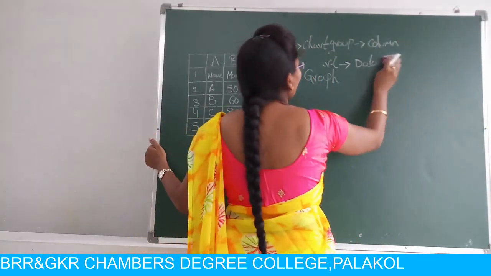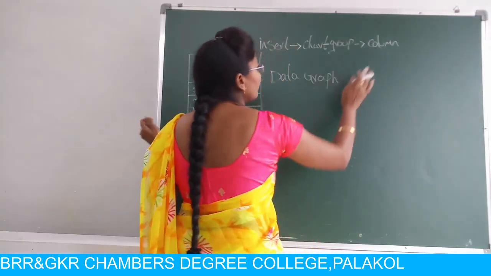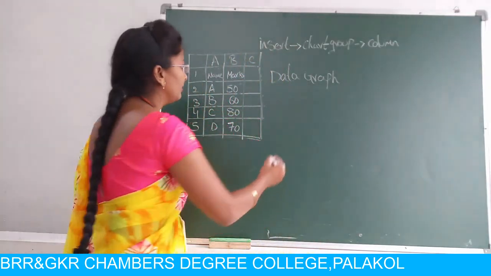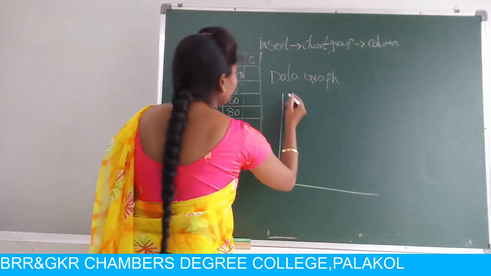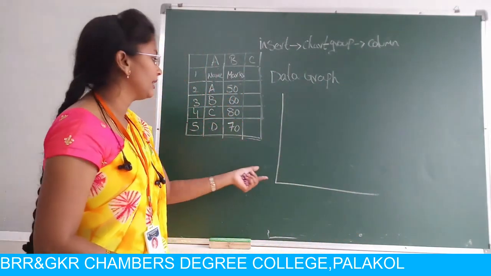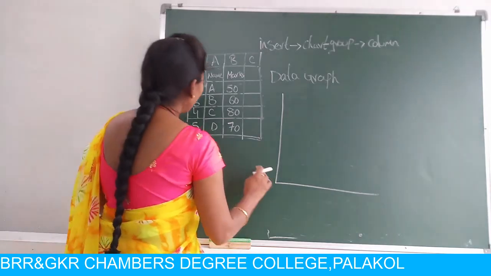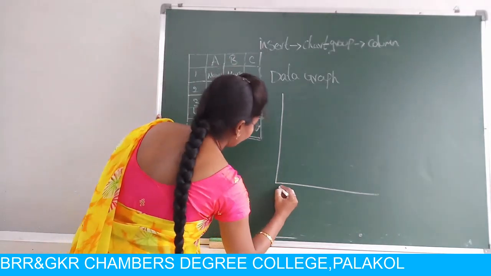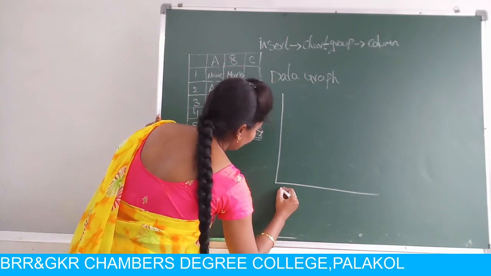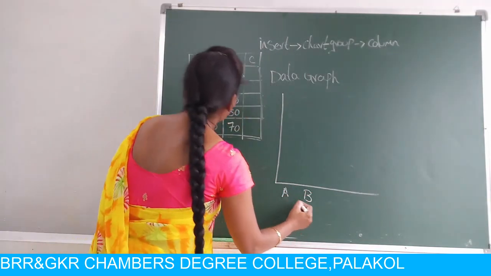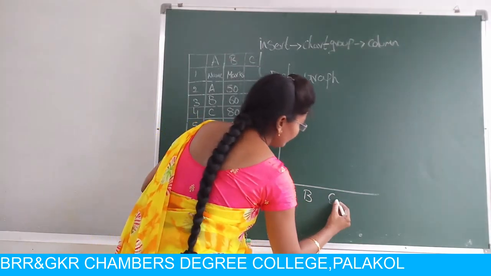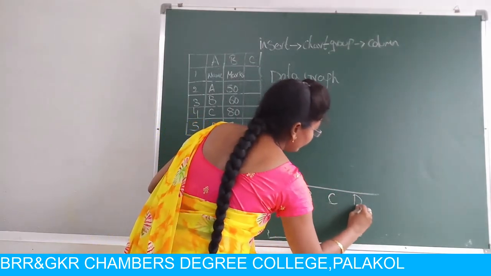After clicking on the column type, the column chart will appear on your screen. The chart representation will be in the x-axis and y-axis direction. At the bottom side, it will show the names, that means A, B, C, and D.